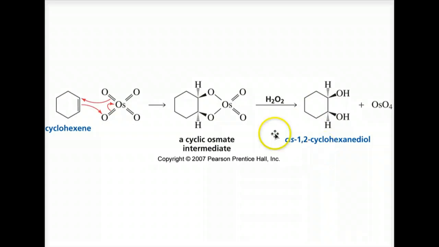Therefore, this expensive and toxic oxidizing agent is used in catalytic amounts. Okay, and you can see here's the cis-cycloalkene and the cis-diol that results from this oxidation. Higher yields of the diol are obtained with osmium tetroxide than with potassium permanganate because the cyclic osmate intermediate is less likely to undergo side reactions.